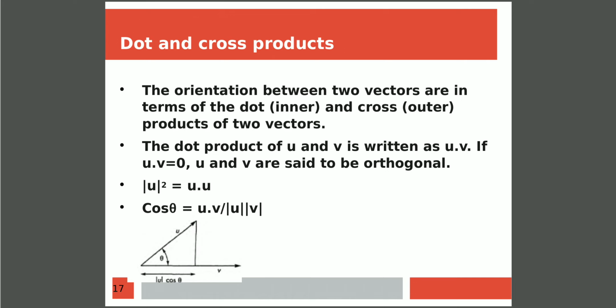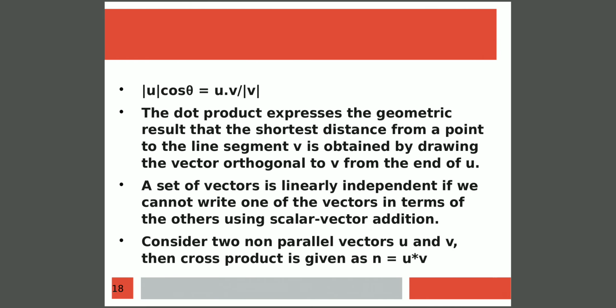The angle between u and v, theta, can be represented as cos theta equal to u dot v divided by modulus u and modulus v. Then the length of the orientation of one vector u on the other vector v can be represented as modulus u cos theta, which equals u dot v divided by modulus v.